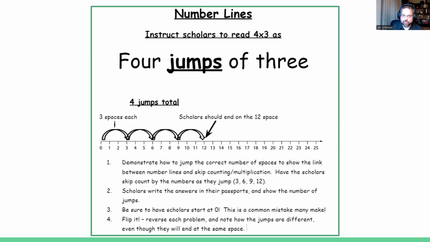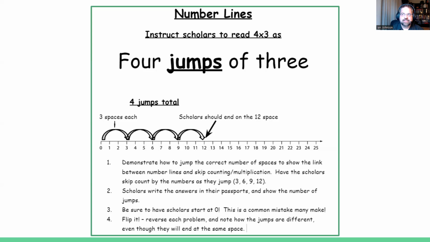For all of these, of course, flip-flop them when you get a chance a little bit later. But in their passports, for that I do portion, after they've had a chance to practice the we do part, they should be drawing the jumps on the number line, like you see here.